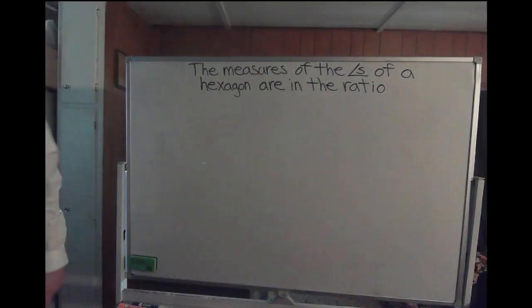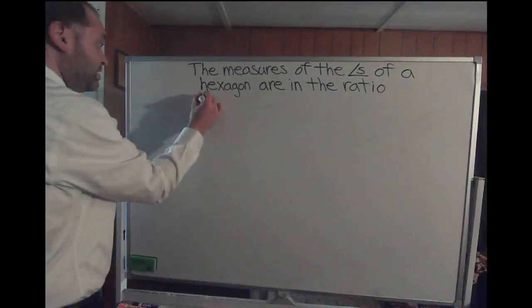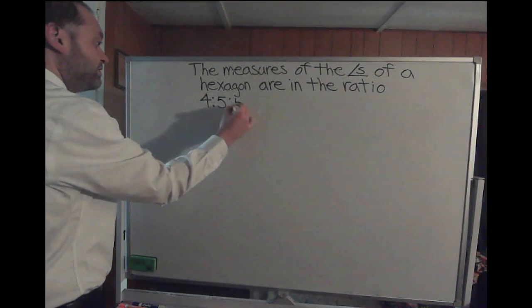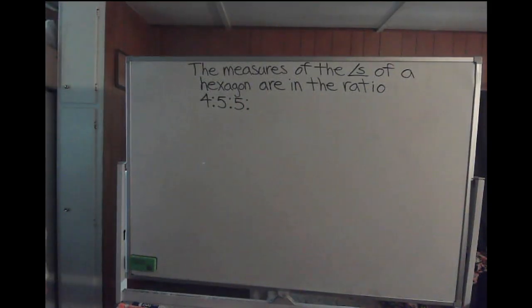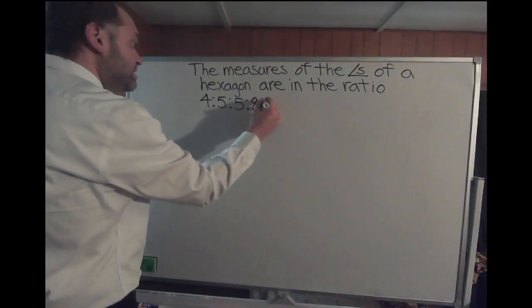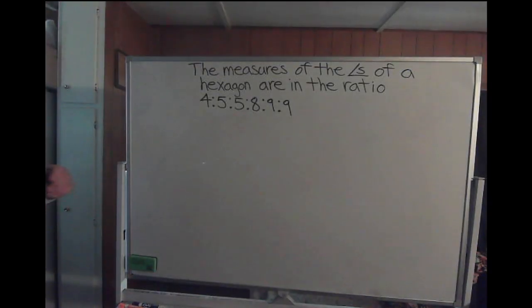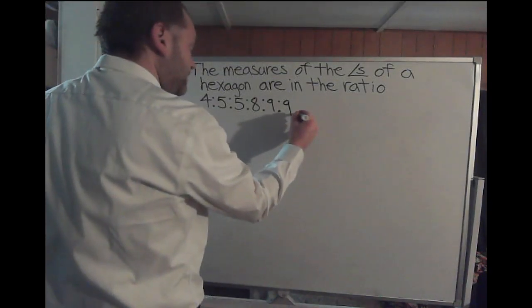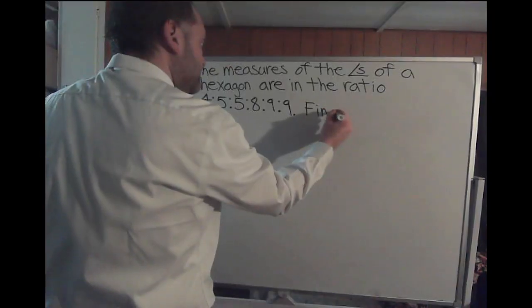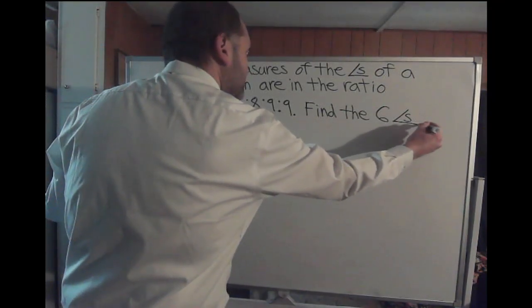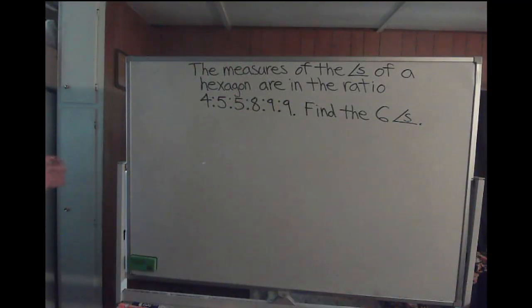Here, this is going to be a fun one because there's 6 angles since it's a hexagon: 4 to 5 to 5 to 8 to 9 to 9. So we have a 6-way ratio this time. Find the 6 angles. So we need to find the 6 angles of the hexagon.